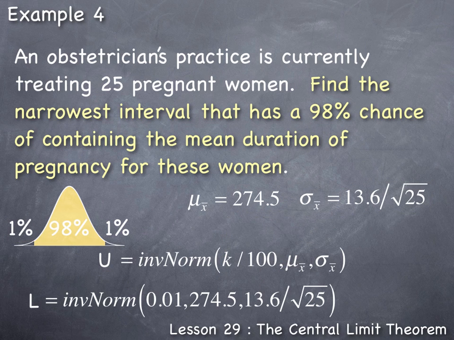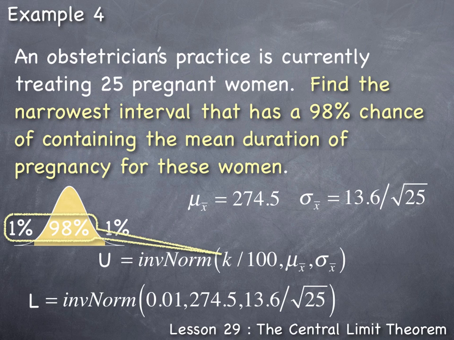To find U, the upper limit of the interval, we just do the inverse norm command again, but this time using k as the percentile, or a percentage that is less than the value of U. Here, the entire middle 98% is less than U, and the lower 1% is less than U, giving a combined 1% plus 98%, or 99% of the curve less than the value of U.